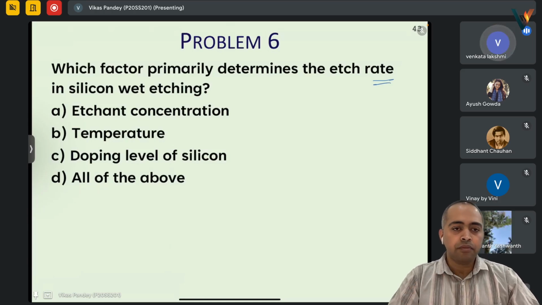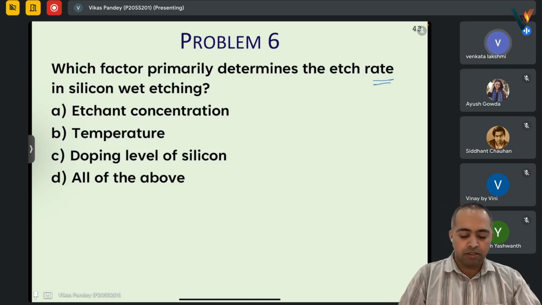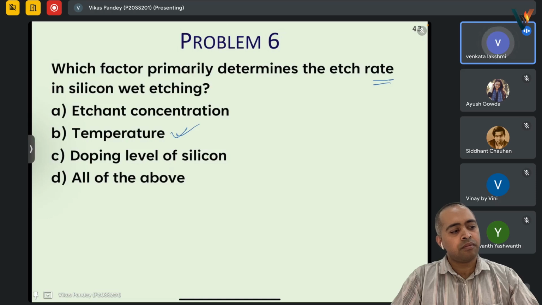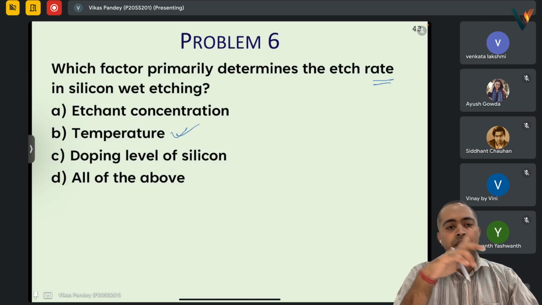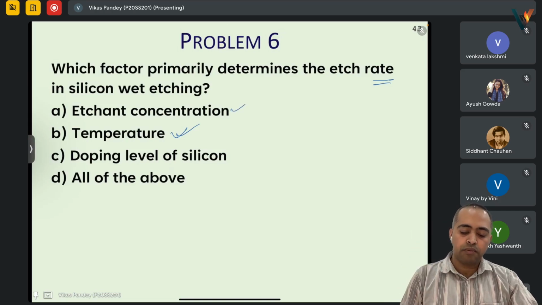I have seen one point, sir, in the notes where it is related to temperature, but here it is primarily, means it depends on the chemical equation, like the concentration. I heard, sir, concentration. If you see the Arrhenius equation, it has the etchant concentration as well as temperature.